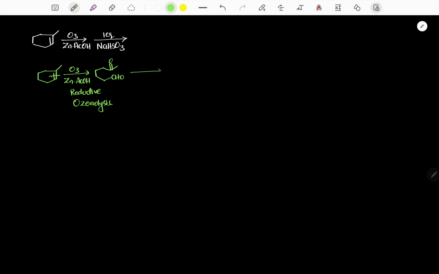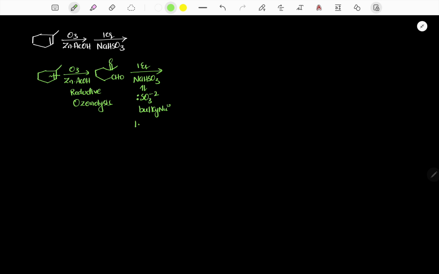Now it is treated with one equivalent of NaHSO3, and NaHSO3 produces the nucleophile SO3 2 minus, and here sulfur is the nucleophile. It is a bulky nucleophile, and we are having only one reaction in our syllabus.